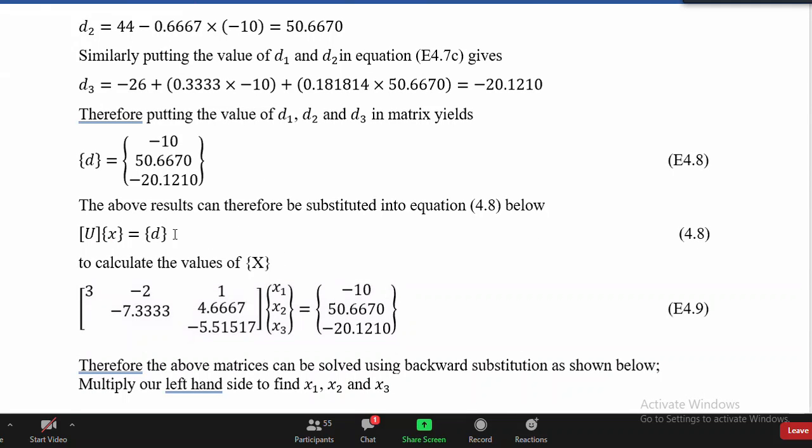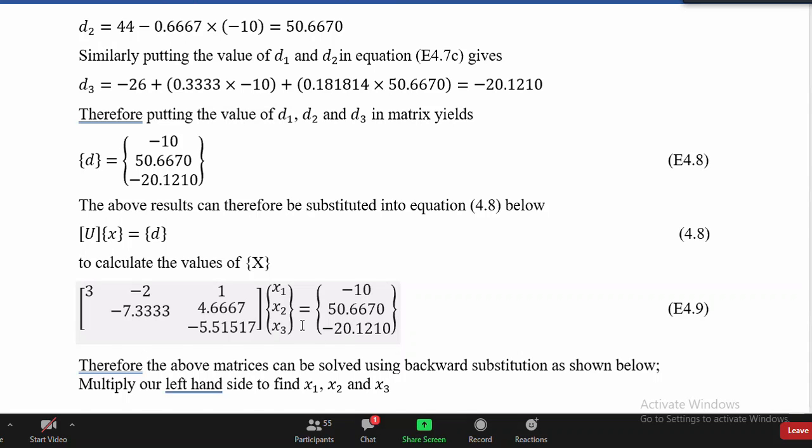Then we now use this D here with the upper triangular matrix, the one we had above. And then to calculate x1, x2, x3, use back substitution. So x3 is minus 20 divided by this.